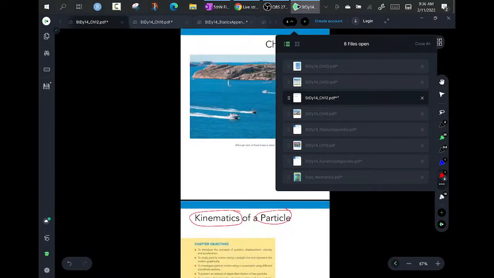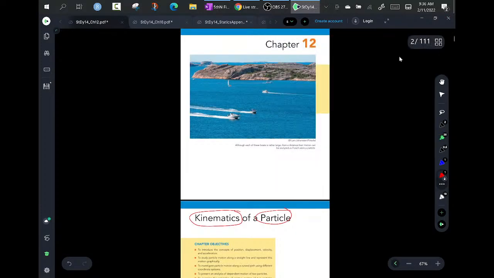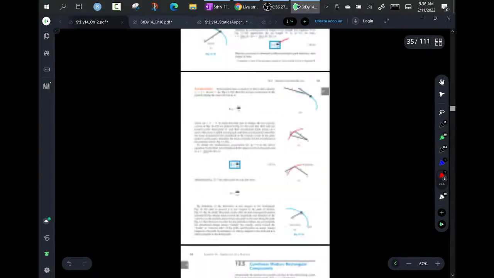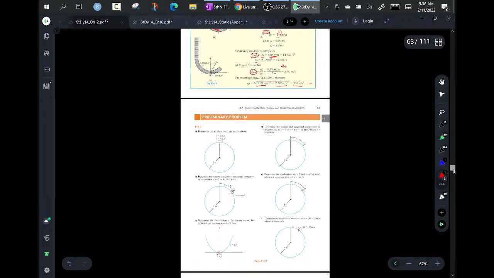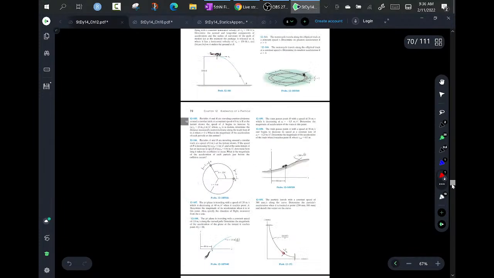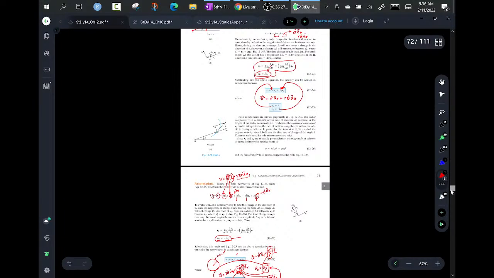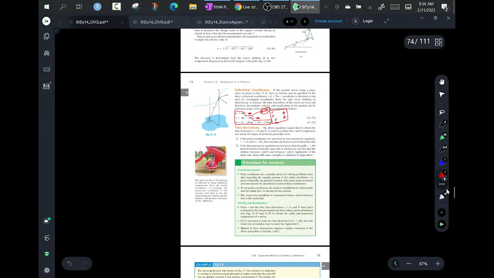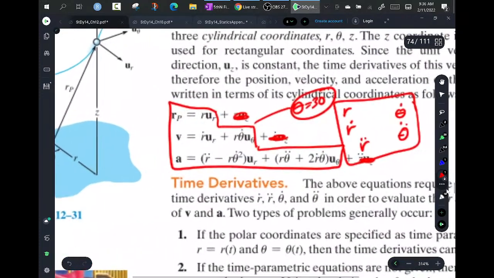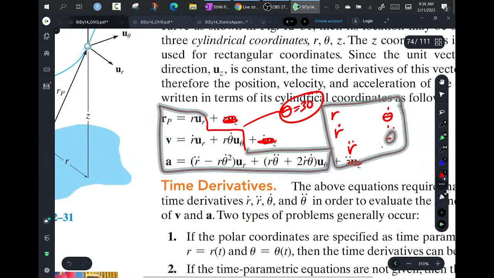Then I'm going to slide down to maybe right here. And I'm going to show you that this and the other one are actually the same thing.